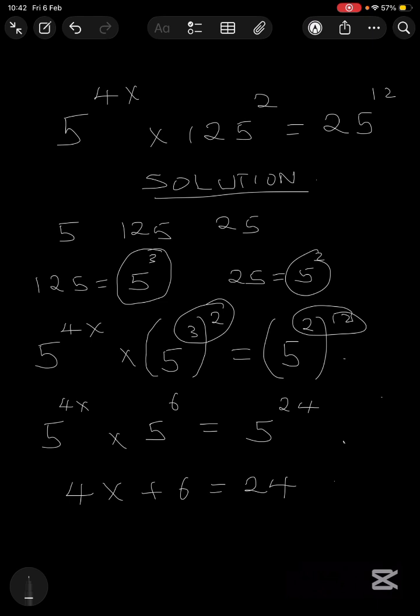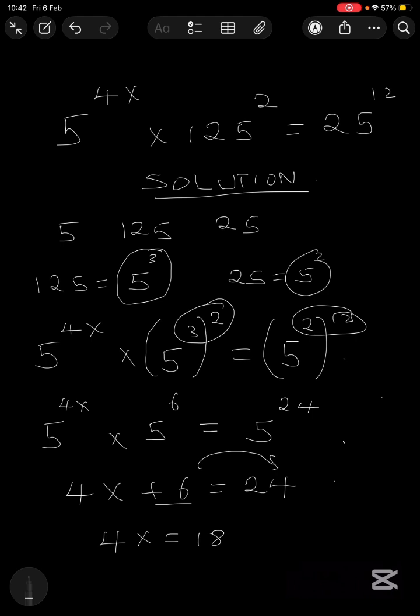Make x the subject. So we take plus 6 to the other side, it becomes minus. So 4x is equal to 24 minus 6, which is 18.